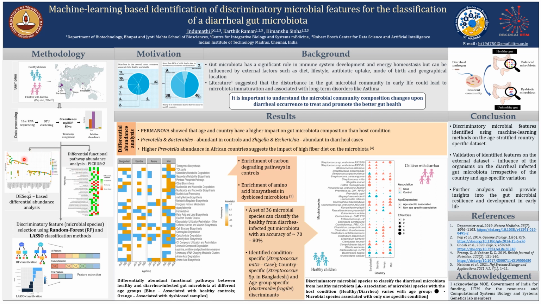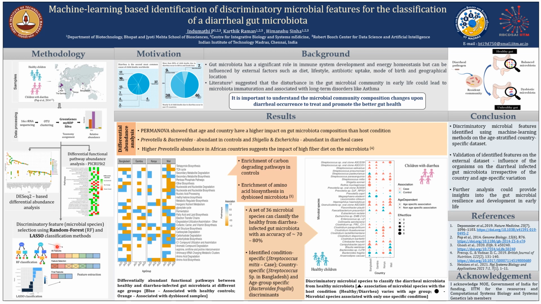Firstly, microbial species that are differentially abundant between healthy and diarrheal cases were identified using DESeq2. PICRUSt was used to analyze the differentially abundant functional pathways between different host conditions.